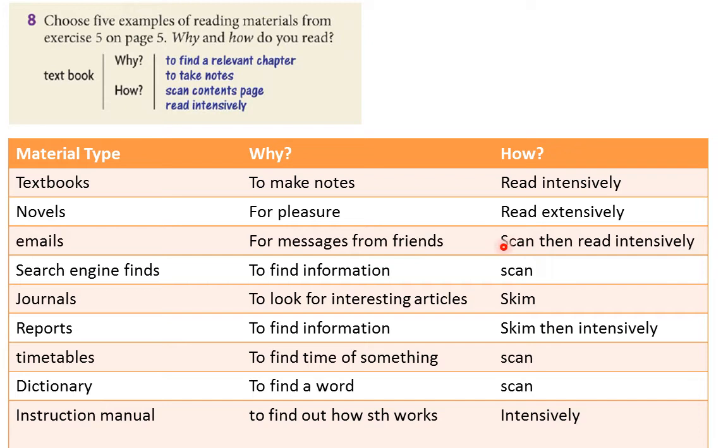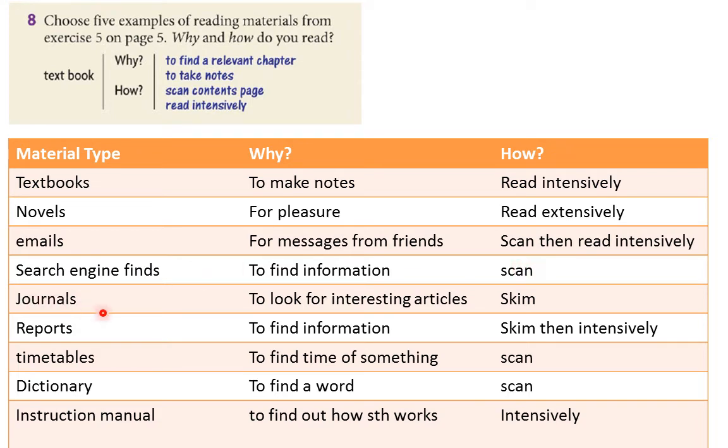Then we need to scan in order to find the message, then read intensively to find the needed information. Search engines are usually used to find information, and the best method is scanning.